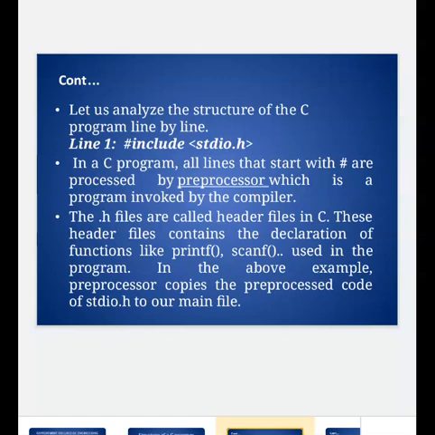The .h files are called header files in C, and these header files contain the declaration of functions like printf and scanf, which are library functions used in the program. In the above example, the preprocessor copies the preprocessed code of stdio.h into the main file.